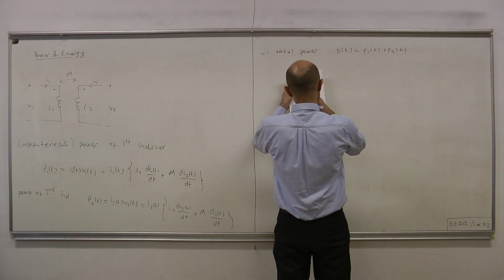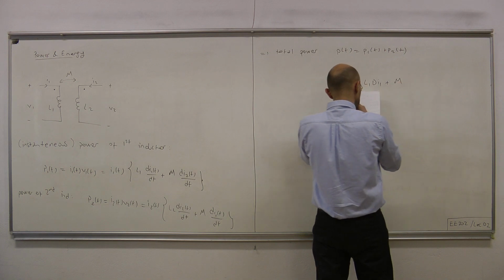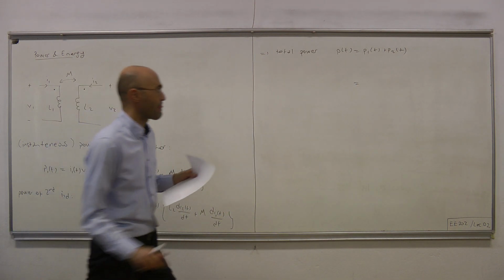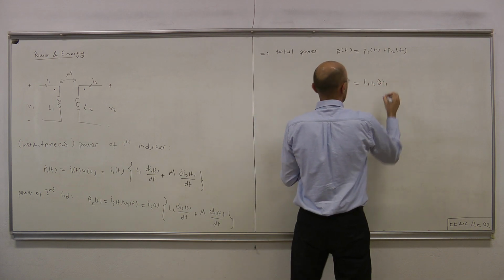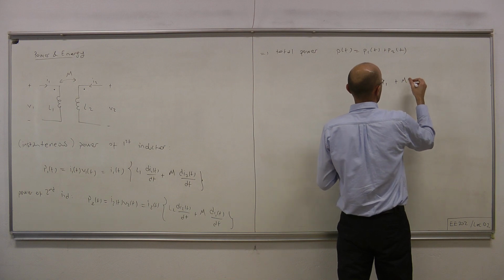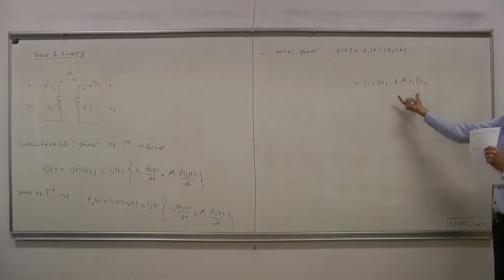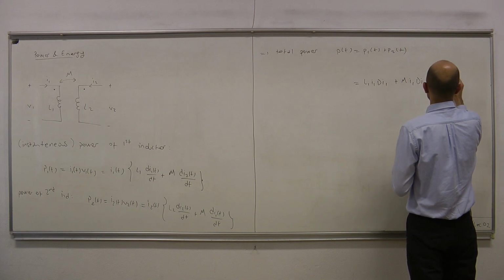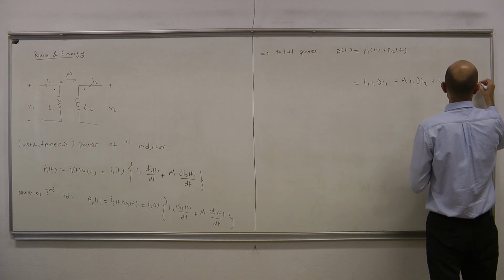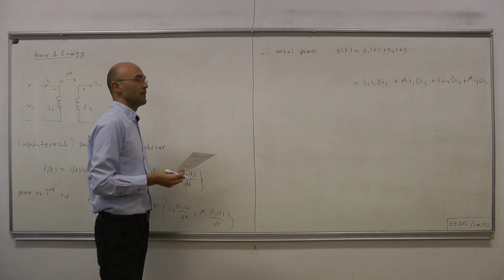So P of t, therefore, equals L1 I1 di1, okay, I forgot this term. So L1 I1 di1, and then we have another n I1 di2. Okay, so this is the power of the first coil. Likewise, we have L2 I2 di2 and n I2 di1. Okay, so that's the sum of 4 terms, the power of the coupled inductors.